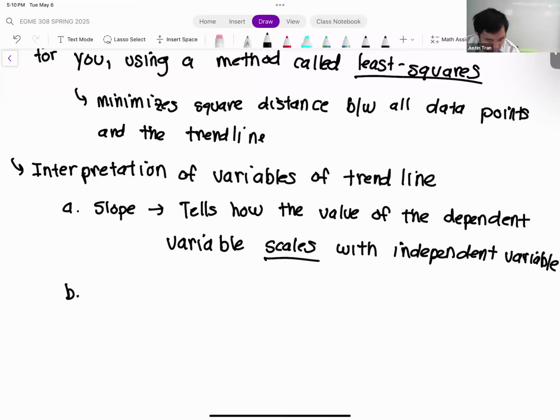Usually not super helpful, but it can tell you some interesting things about your data as well. So the y-intercept is interesting because, if you think about it in terms of a linear line, this basically tells you the value of the dependent variable when your independent variable is 0.